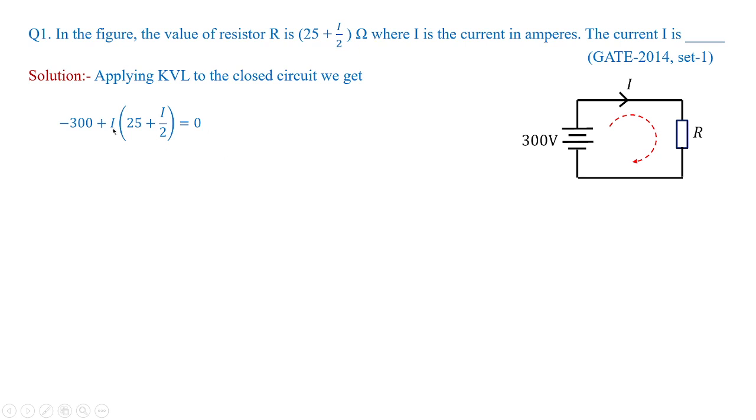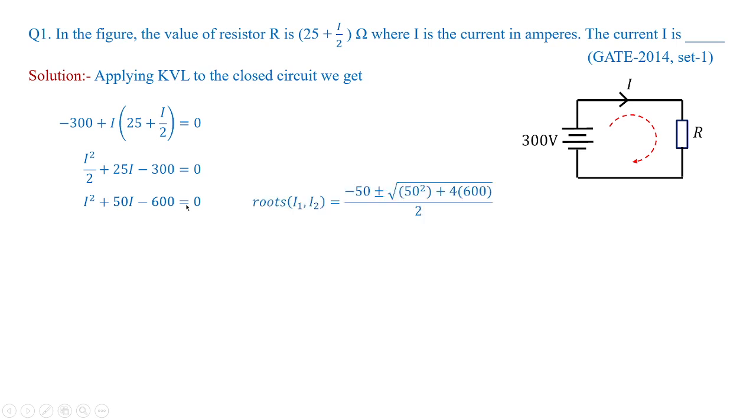Now I'll multiply this I with the inner components. I'll get I square by 2 plus 25I minus 300 equal to 0. This equation can be further framed as I square plus 50I minus 600 equal to 0.